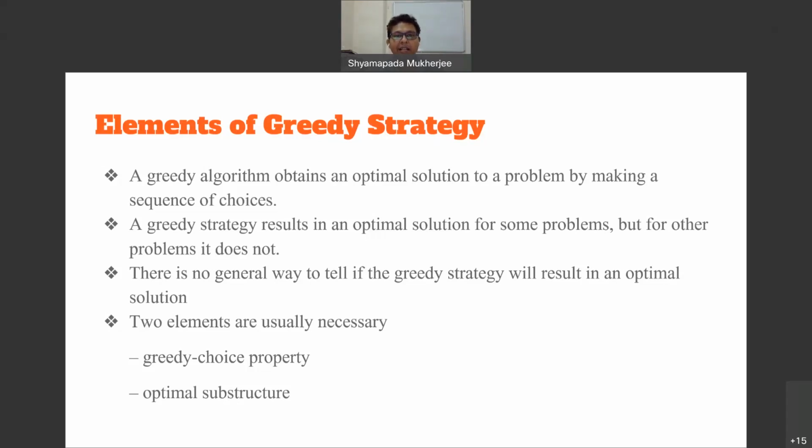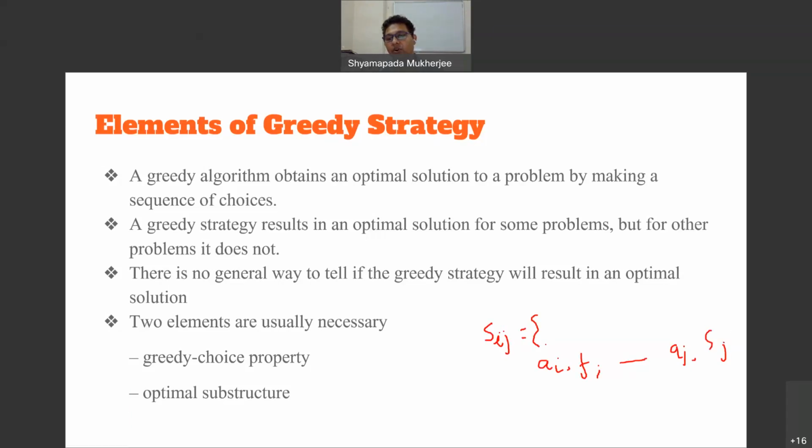Another thing that I told is optimal substructure. If we remember the activity selection problem, a subproblem is defined in this way, Sij, where Sij denotes all the activities within the range of the finish time of Ai, that is Fi, and the start time of Aj, that is Sj.